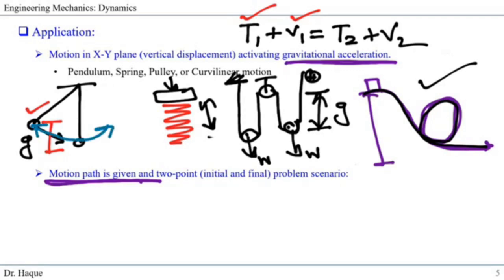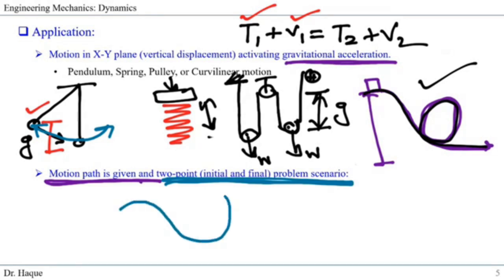The path is given, and there are two points, an initial and a final point. For example, with a roller coaster, I have point A, another point maybe here, B, and another point here, C. The good thing about conservation of potential energy is that it can be applied between any two points.